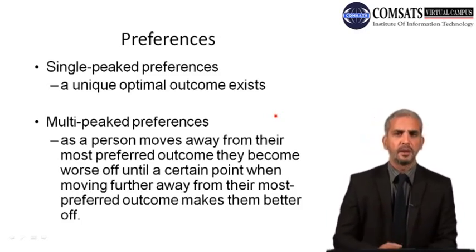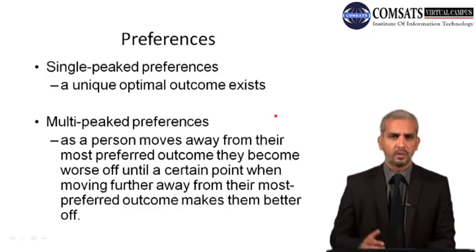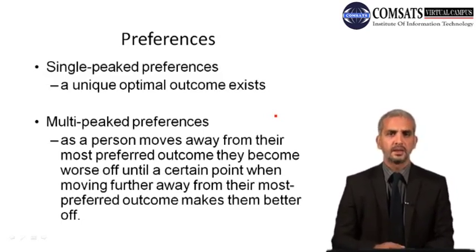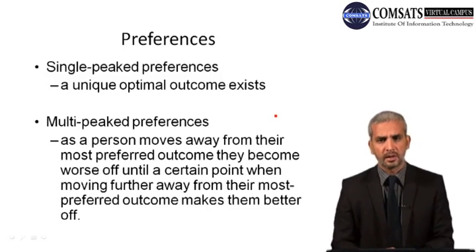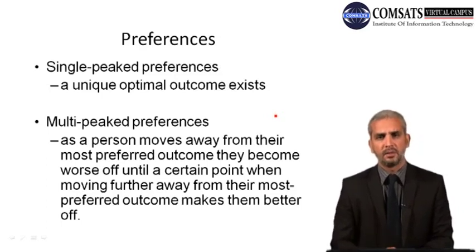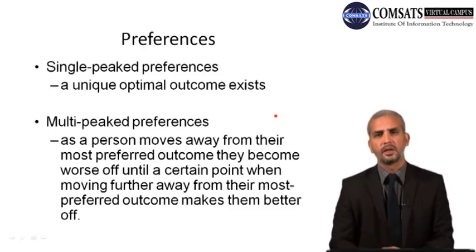But then in case of multiple peak preferences, an individual would prefer the two extremes. How would he prefer two extremes? For example, in the example of B, the individual's first preference is, for example, one firework. Then logically his second preference, he is worse off than the first. If his second preference comes up as the political equilibrium, then he would be worse off because his first preference was maybe one firework.